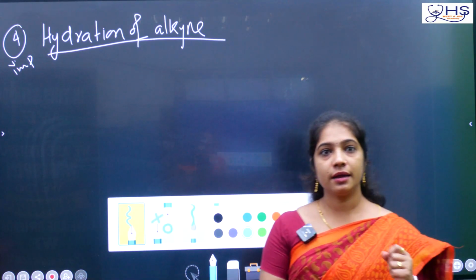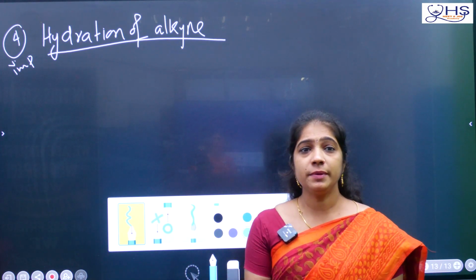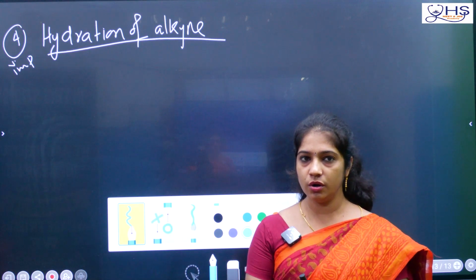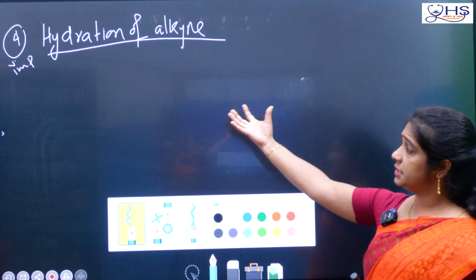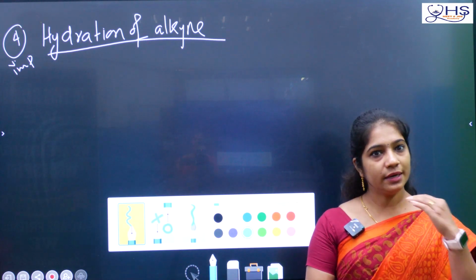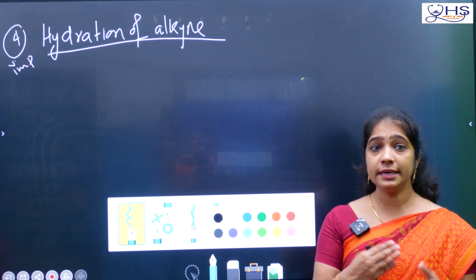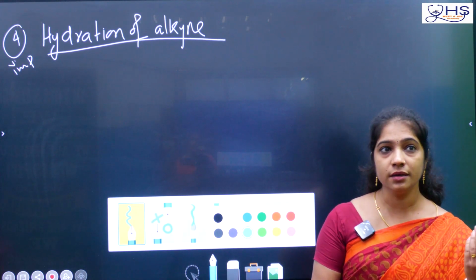All are important, but you have to set priority. For example, in preparation, most of the time repeated questions come from oxidation of alcohol. Second, from hydration. Third, from ozonolysis. While reading, you have to read everything, but the number of times you revise should be more for the more repeated topics.